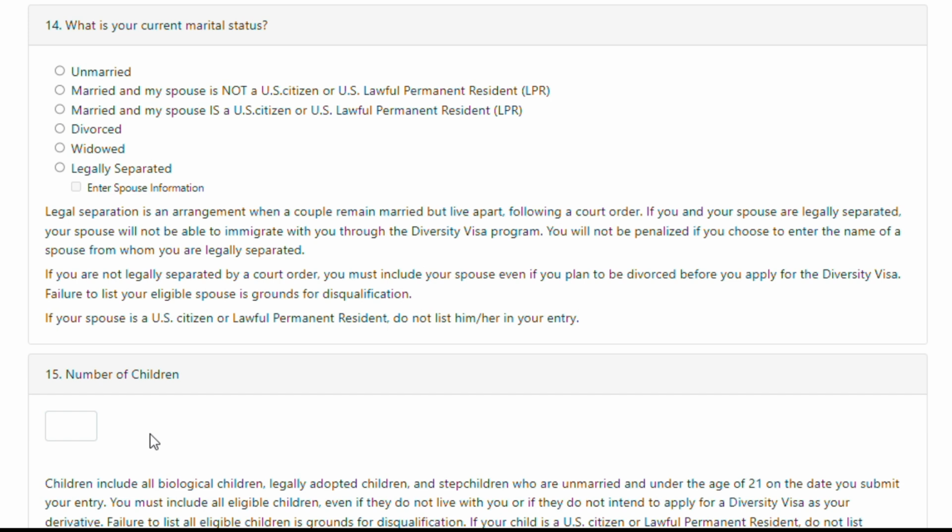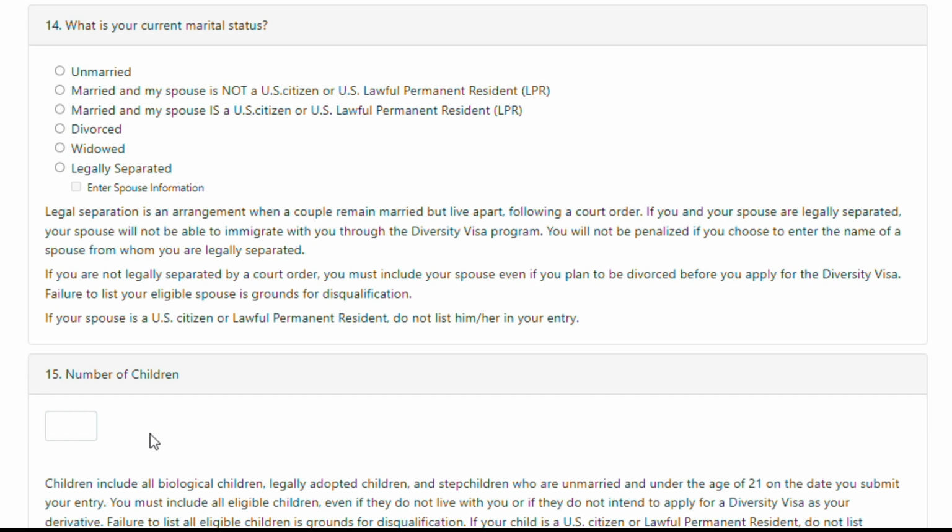Now, which children qualify? The children that qualify include your biological children. Number 2, stepchildren. And stepchildren means that you legally married a spouse that came in with children. Legal marriage. That's only when the kids qualify as stepchildren. If you're not legally married, they are not your stepchildren. And thirdly, legally adopted kids.